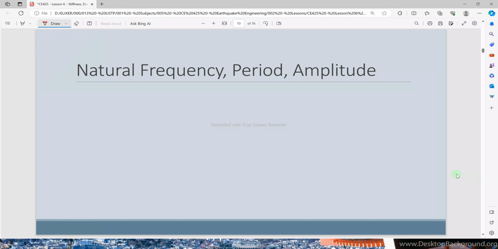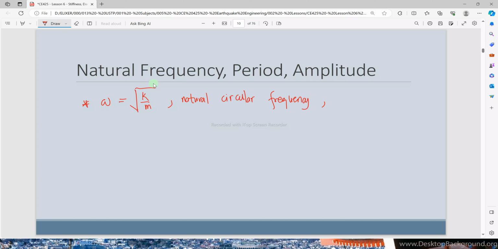And lastly, before we begin with our first example, ato lang dumdumon this concept on the natural frequency, period, and the amplitude. So last time, di ba, we have already tried discussing we have here the omega, which is equal to the square root of stiffness over the mass. So this is our natural circular frequency.